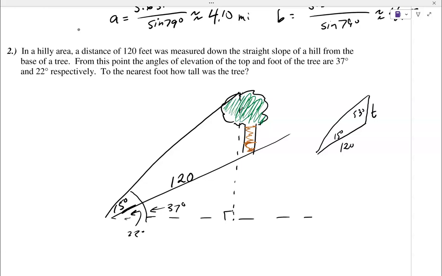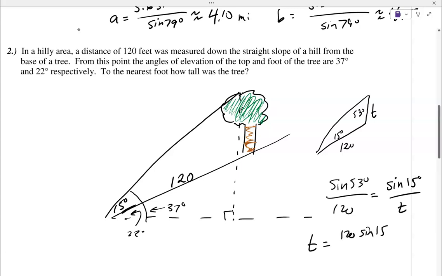Yeah, you can, but I don't think you need it in this one. So what equation would you set up? Should be sine 53 over 120. Okay. Sine 15 over 2. Yep, I agree.